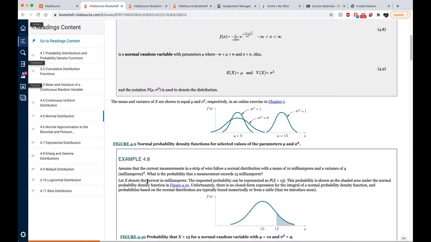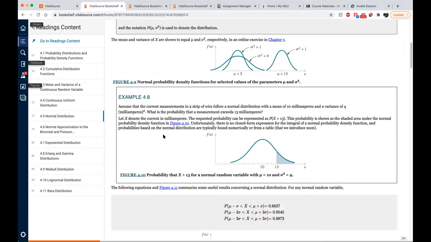Okay, so now let's see example 4.8. Assume that the current measurement in a strip of wire follows a normal distribution with a mean of 10 milliamperes and a variance of 4 milliamperes squared. What's the probability that a measurement exceeds 13 milliamperes?